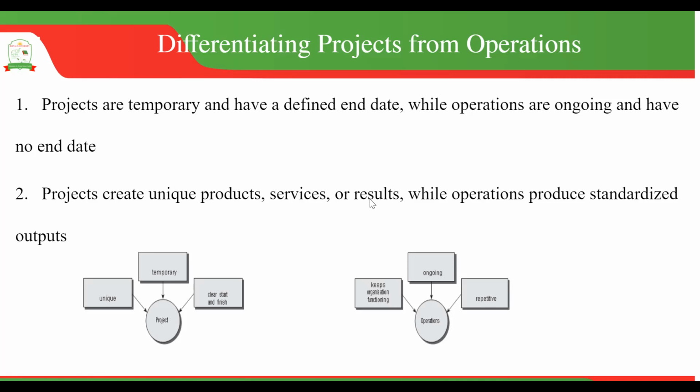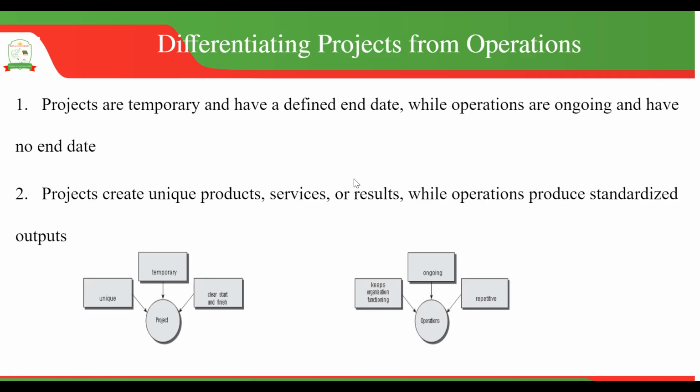And then projects create unique products or services or results, whereas operations basically give you standardized outputs. You have ongoing activities that are repeated over and over, and then give you defined products or standards for the products that you actually release. So that's the difference between projects and operations.